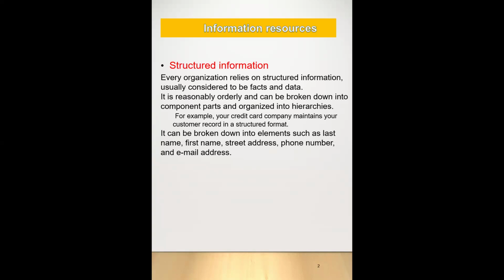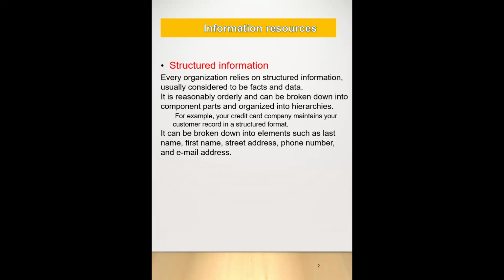So 1, 2, 3 in that order, A, B, C, D. So the moment you type in A, you know the information you're looking for. The moment you type in the index number, Dixon's name will pop up. That is the order. An example is your credit card or your student ID card. It contains information about you which is broken down into your index number, your name, your program.